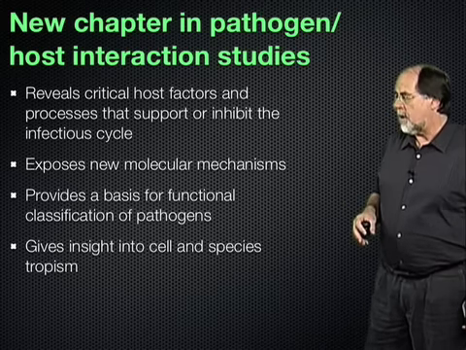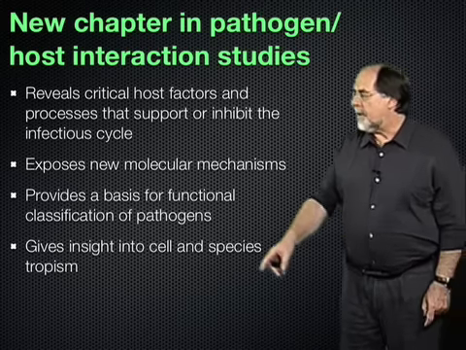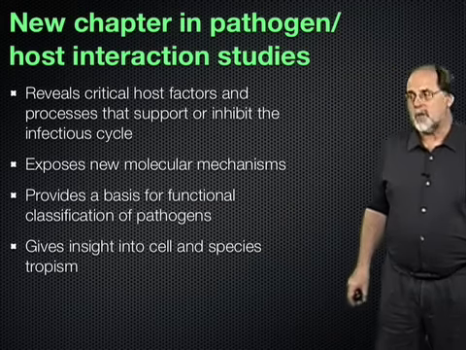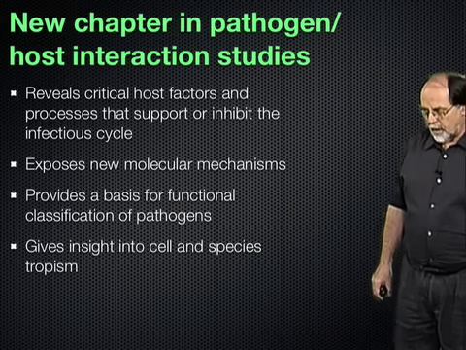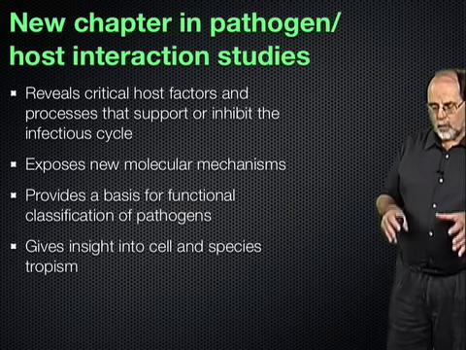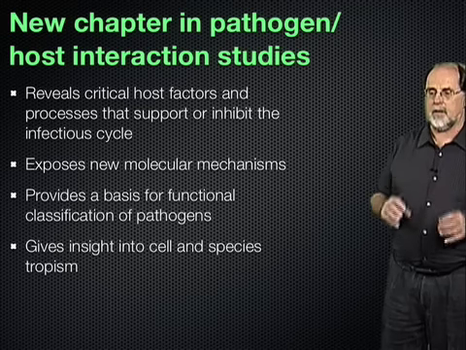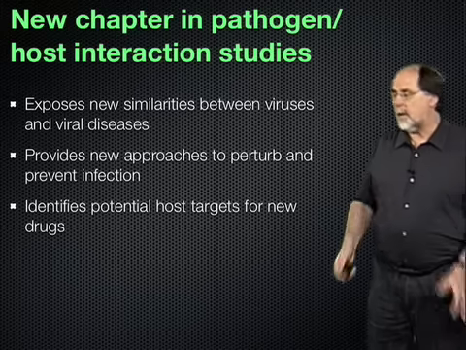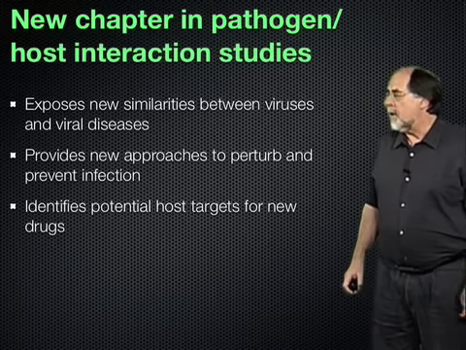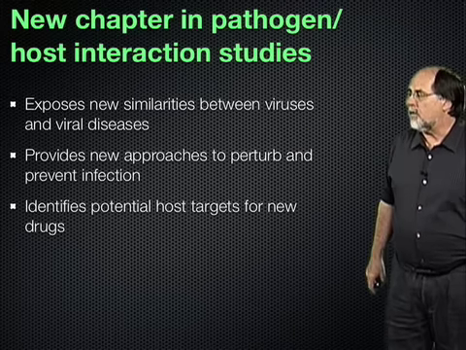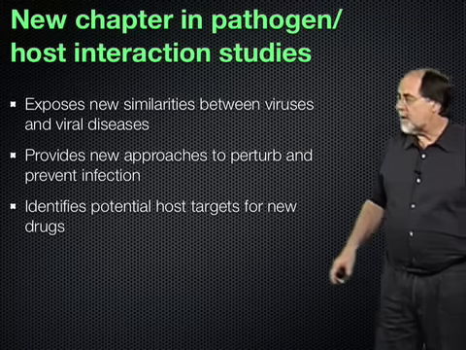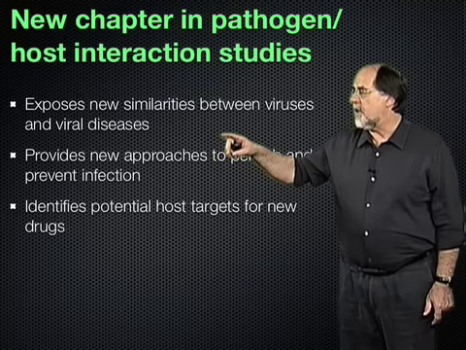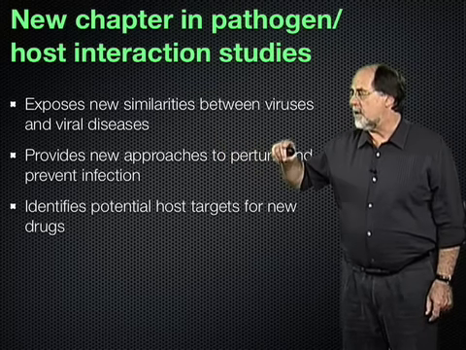It is also starting to give us some information about the cell and species tropism. Why are some cells infected, others not? In addition, I think that the data will start to show us new similarities between viruses and viral diseases.